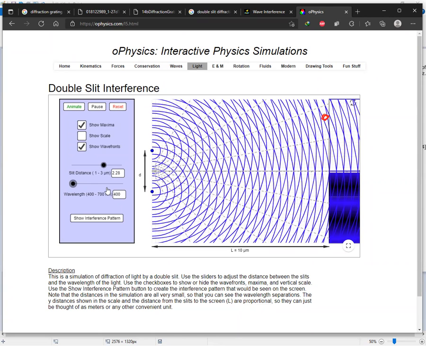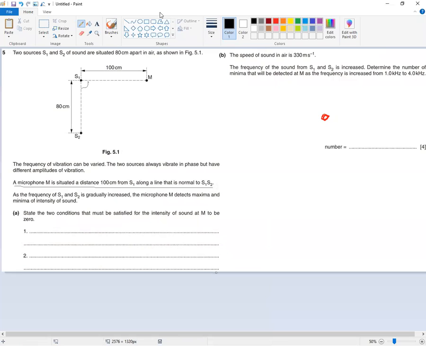That's what's happening. Why am I showing you this? To give you an idea, let me get rid of the annotation. In this scenario, we're keeping the microphone right over here, and the sources continuously produce interference waves, but we're going to change their frequency from 1 kilohertz to 4 kilohertz.